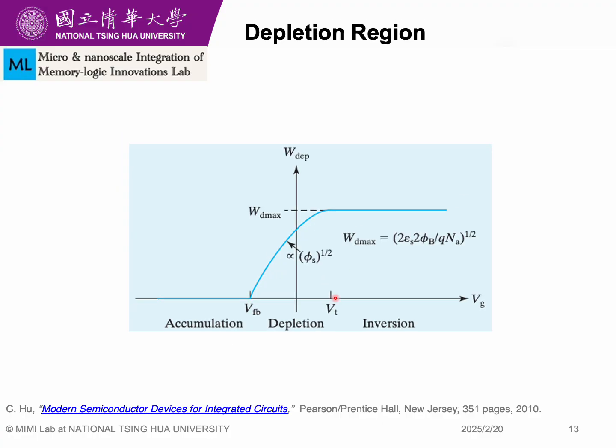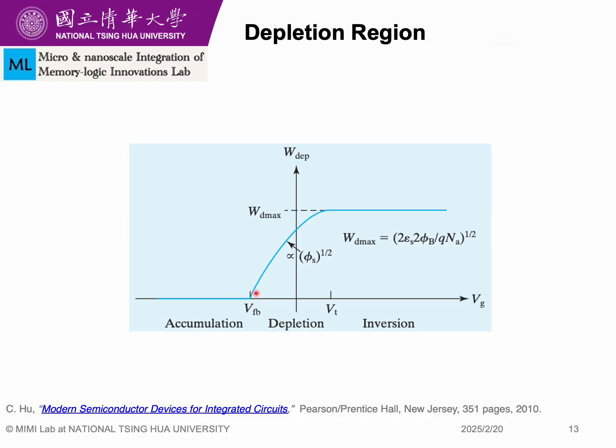Now here is the depletion region. Basically there is no depletion region on the left hand side of the flat band, because we are not applying enough positive voltage.